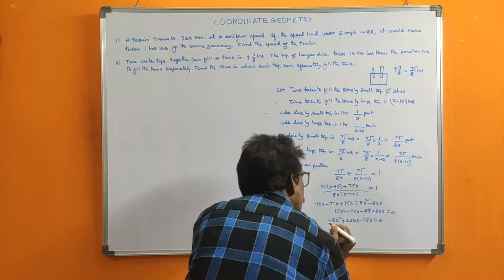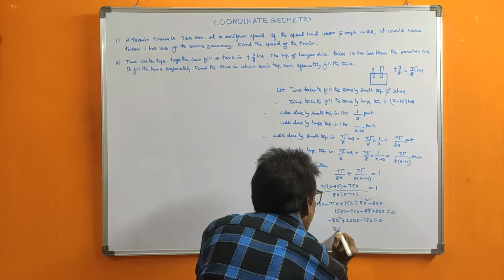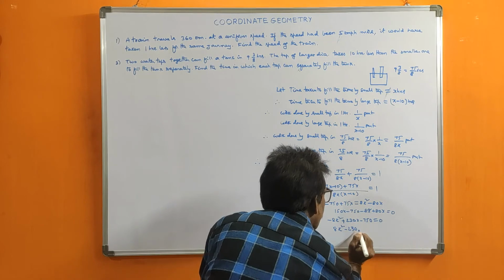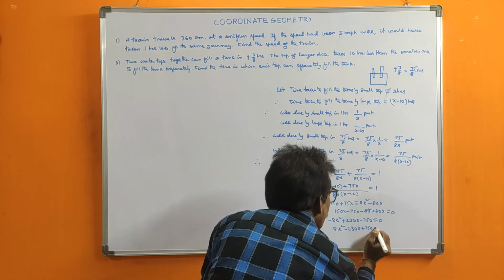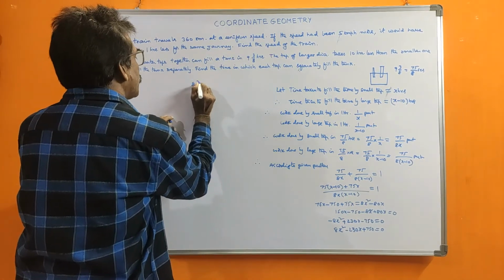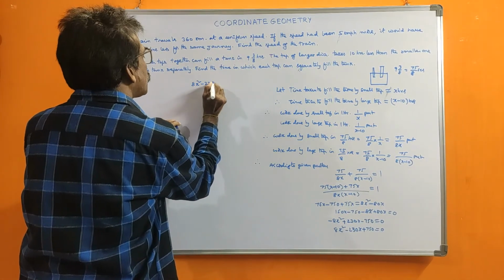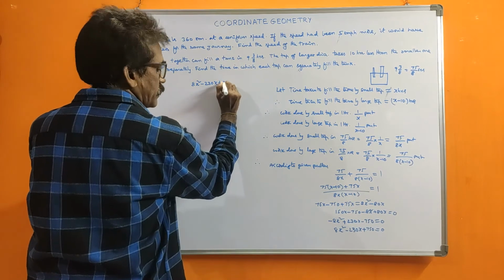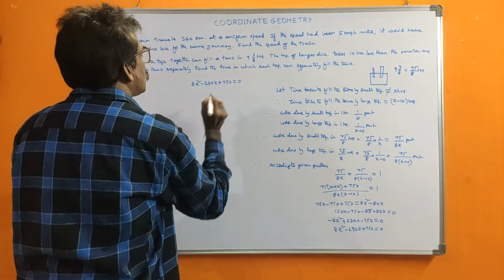Multiplying by minus 1, the final equation is 8x squared minus 230x plus 750 is equal to 0.